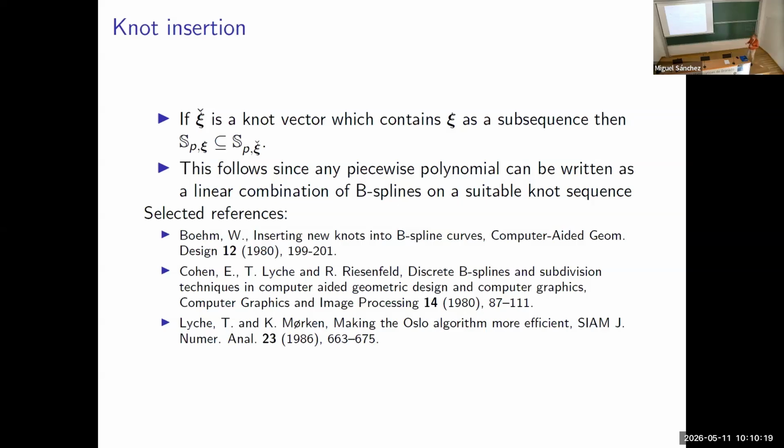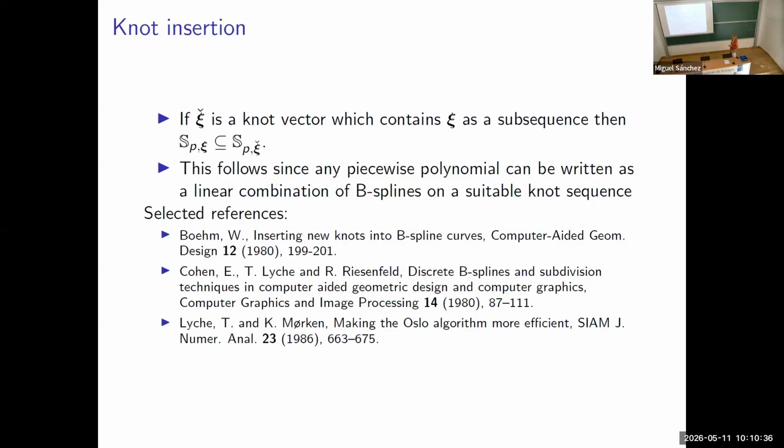So you get this subspace property. If you have a knot sequence and you add some knots, you get a bigger space which contains the original space as a subspace.